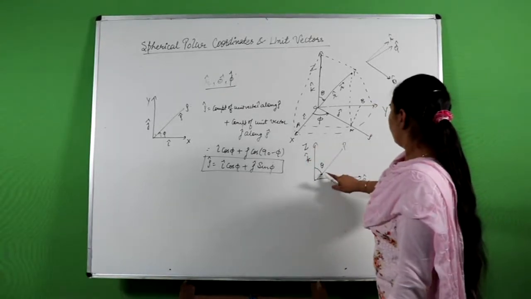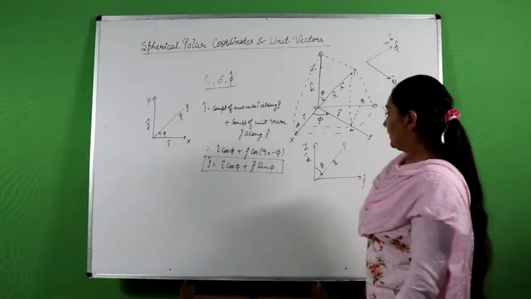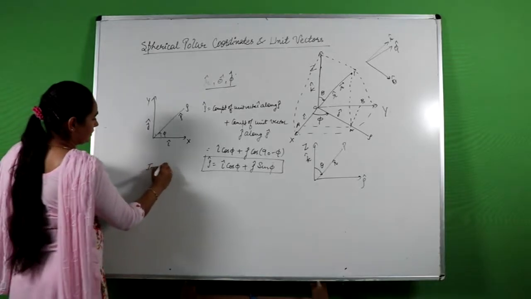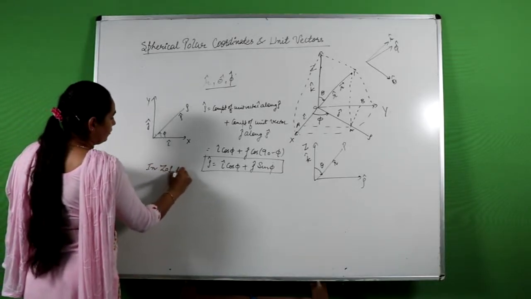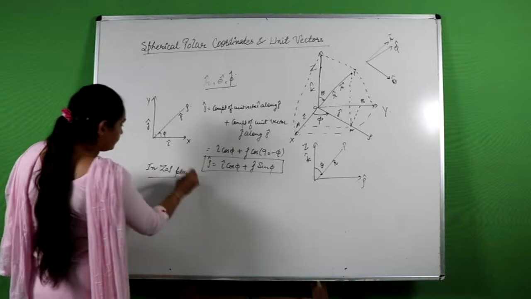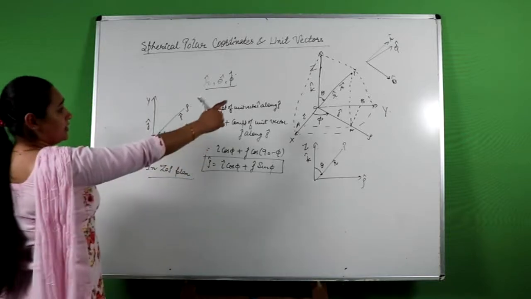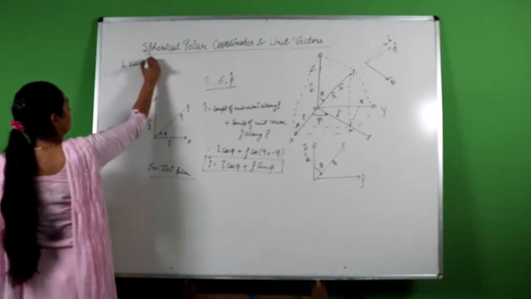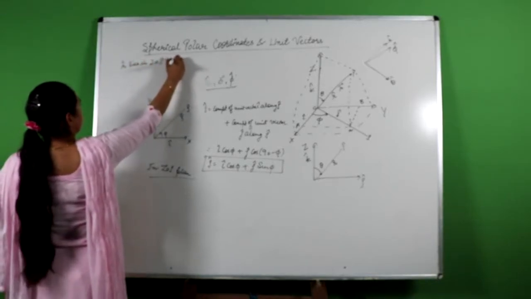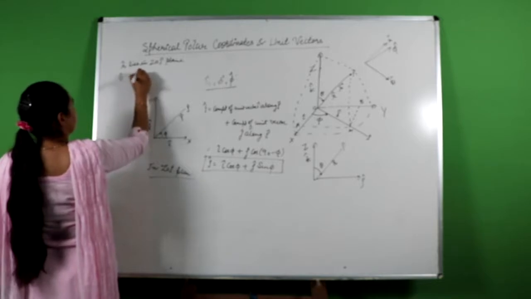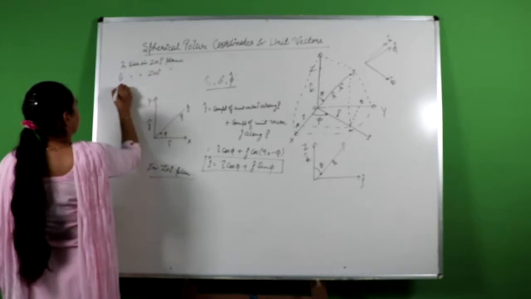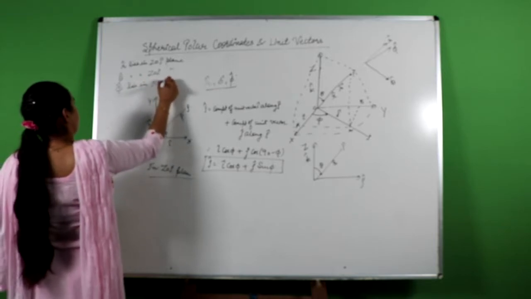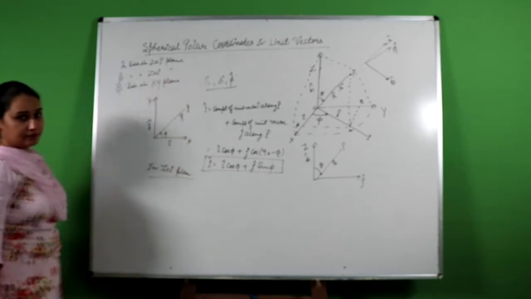Now I need to find the value of r cap in the z-rho plane. You can clearly see from the diagram that r cap lies in the z-rho plane, theta cap also lies in the z-rho plane, and phi cap lies in the xy plane.